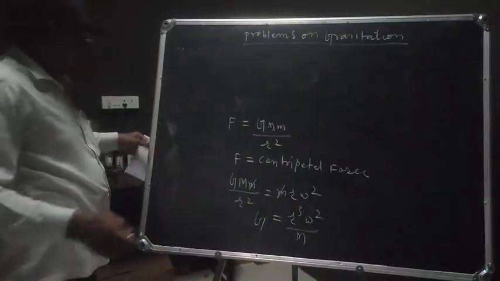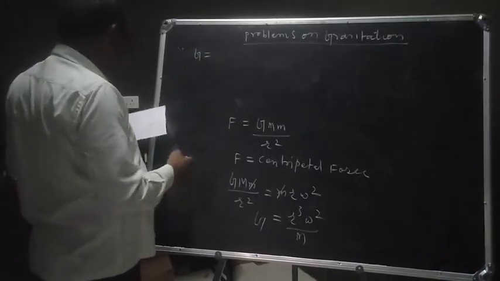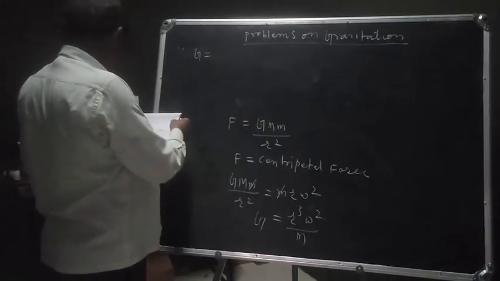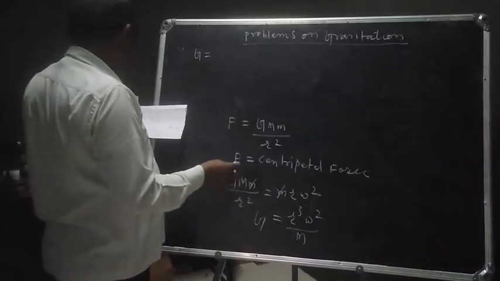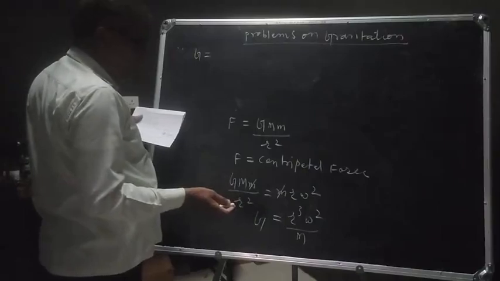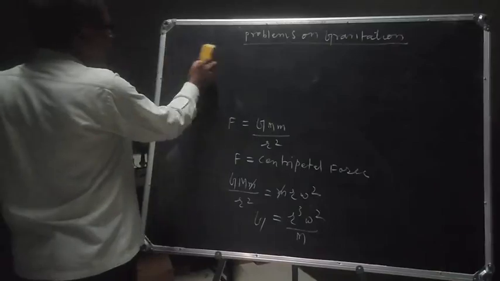Here G equals to the value of r is 1.5 into 10 raised to 11. First of all, we have to calculate the value of omega.